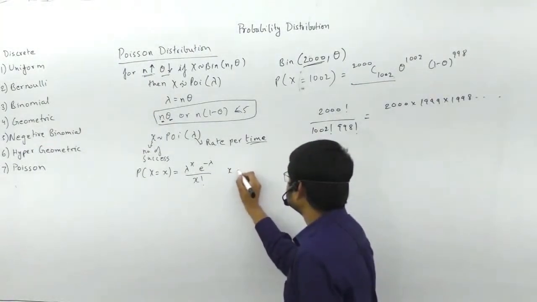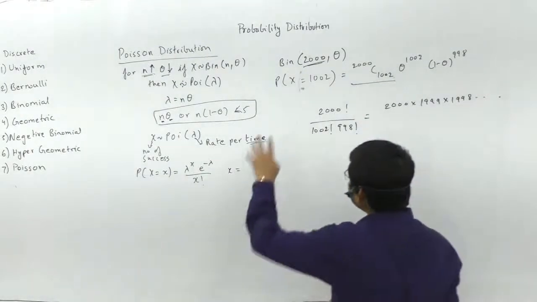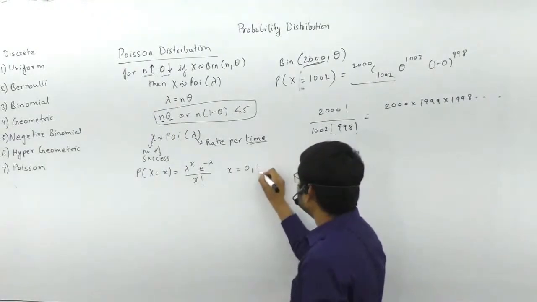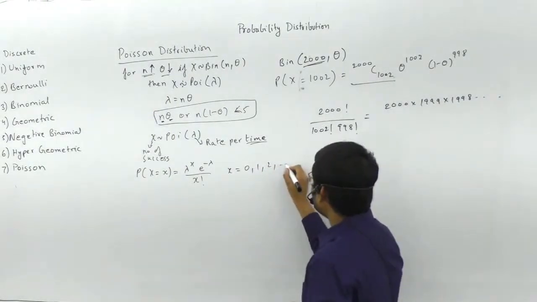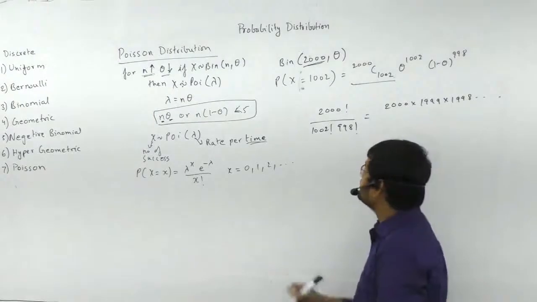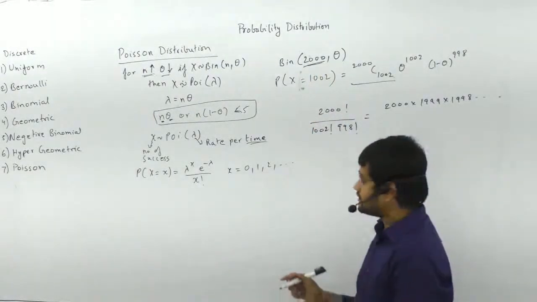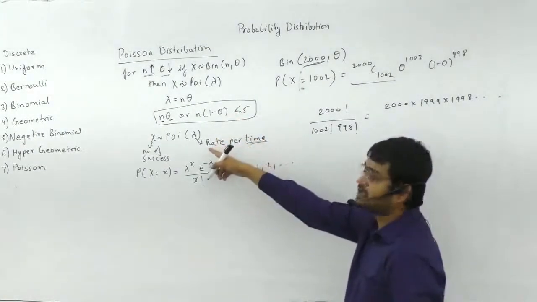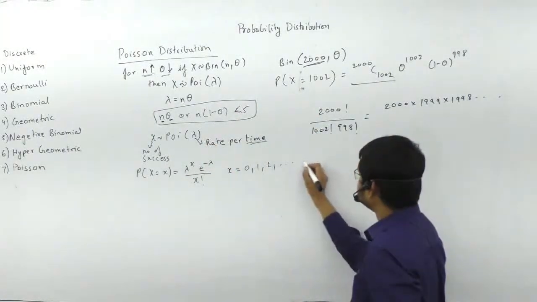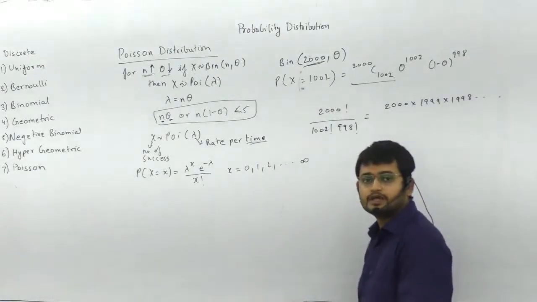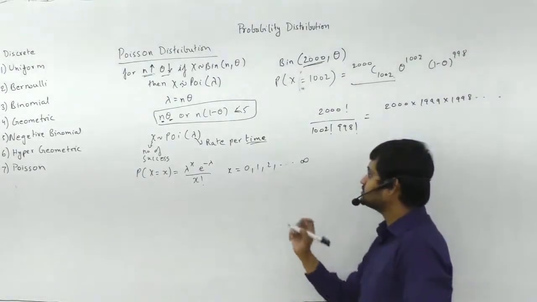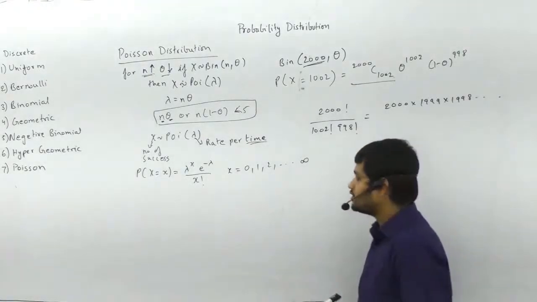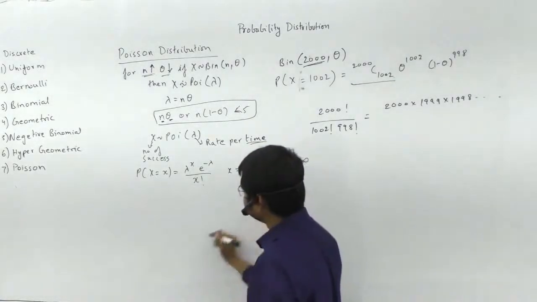Now, for what values of x? Similar to binomial distribution, the minimum value of x should be 0, then it can be 1, 2, and so on. The maximum value for binomial distribution is nothing but n. Now, here we are assuming n to be infinite. So, basically our x can go up till infinity. So, for Poisson distribution, our values of x are nothing but from 0 to infinity, all the discrete values.